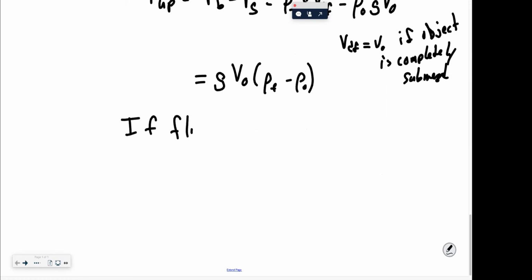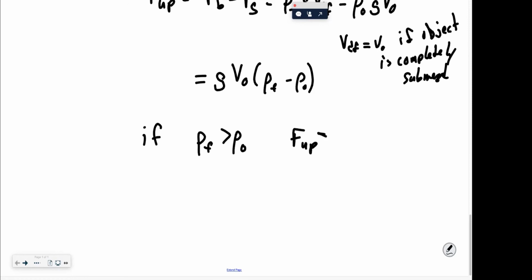Let me just write this in equation form because it's a lot easier. If the density of the fluid is greater than the density of the object, then F up is positive and the object rises.